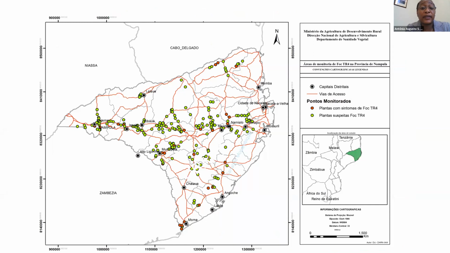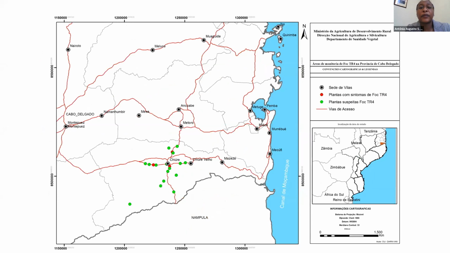This is another map showing the plants with symptoms. These are not yet confirmed as having the disease, but these red circles are plants showing symptoms of Panama disease. In Nampula province, we're waiting for the diagnostic results.